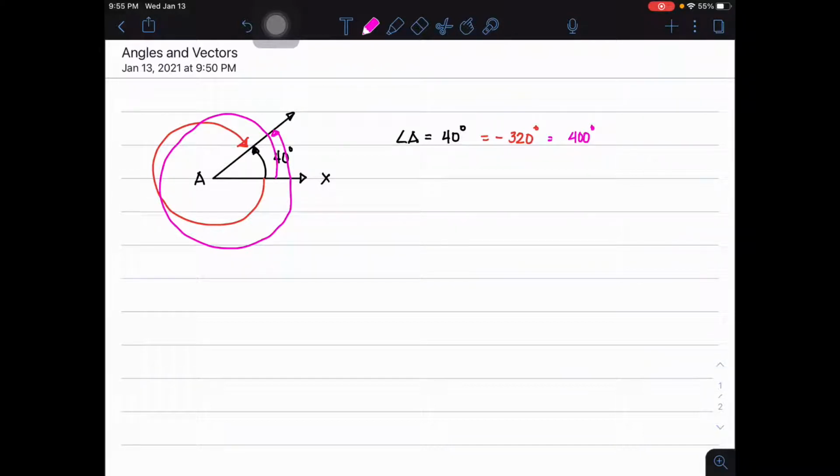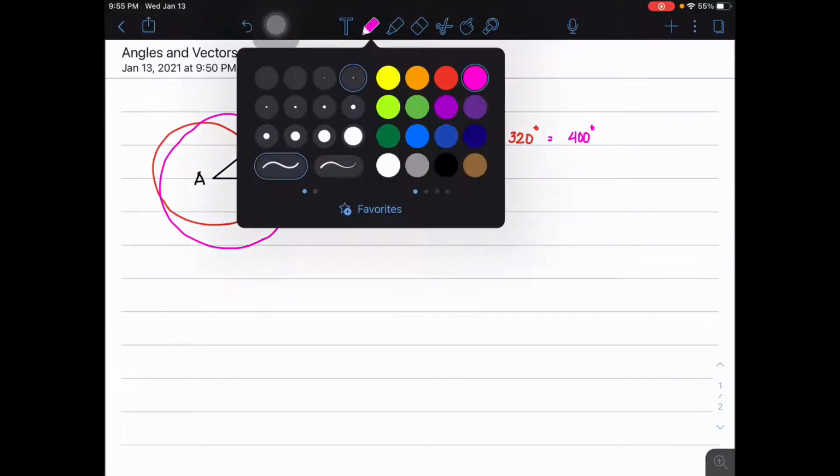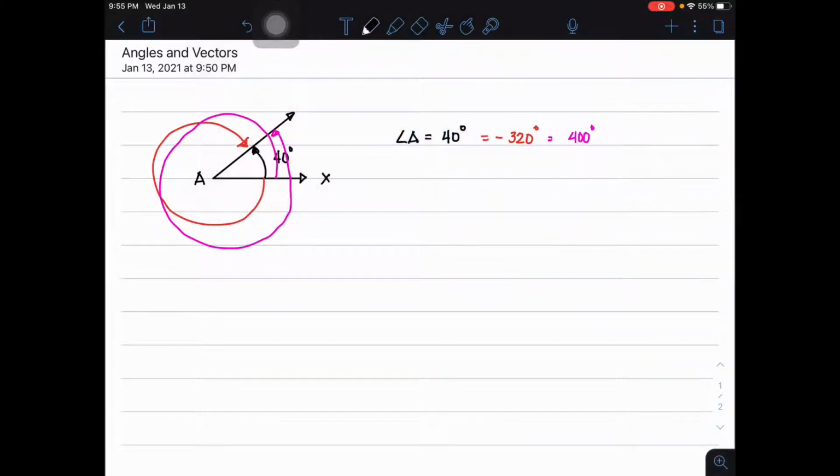Okay, next let's talk about the Cartesian plane. Here is our Cartesian plane. This is our positive x-axis, this is our positive y-axis. This is the origin.